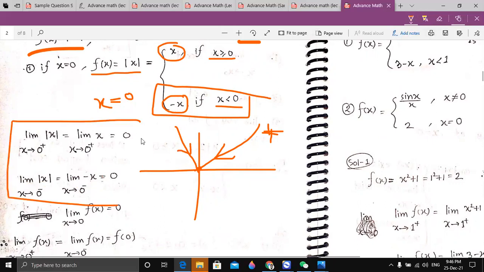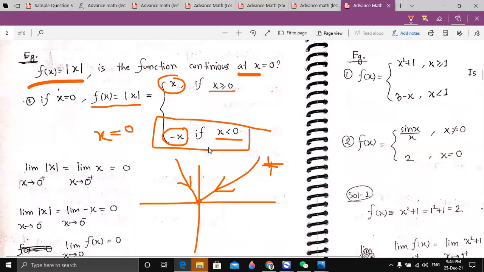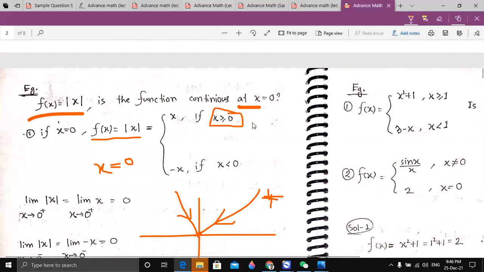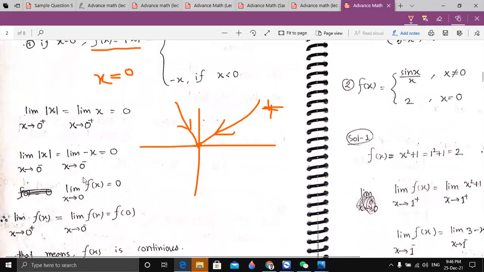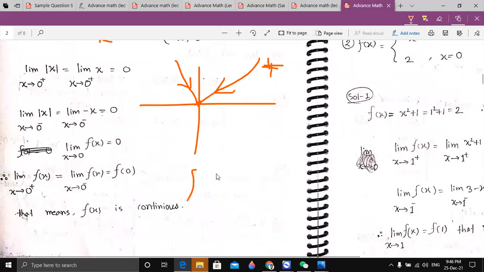Now we have to find the function value. x is greater than or equal to 0, so x equal to 0 exists here, and we take this function, f of x equal to x.